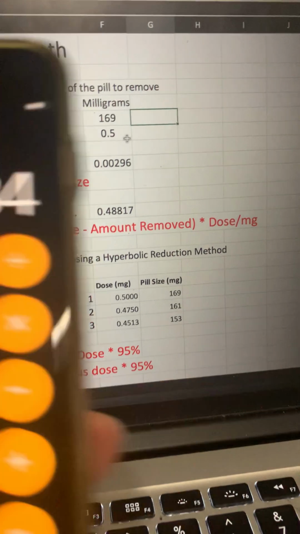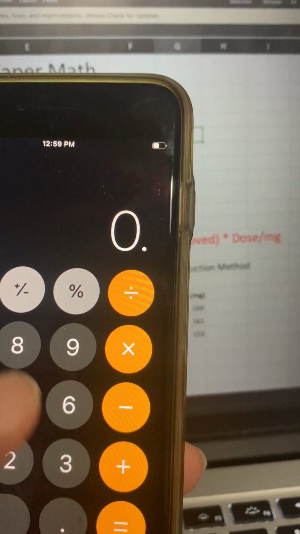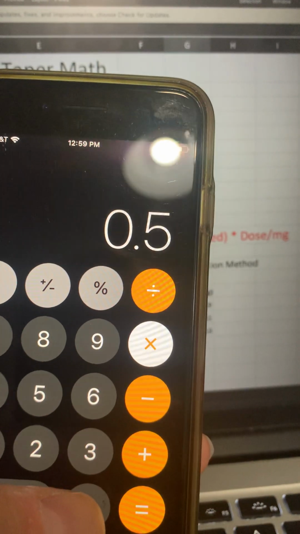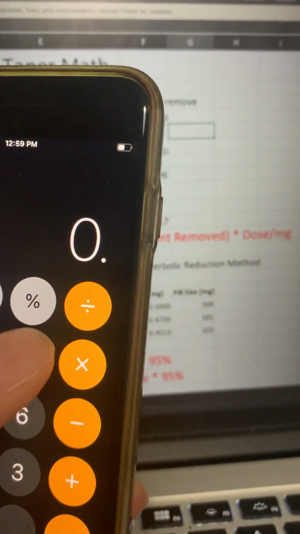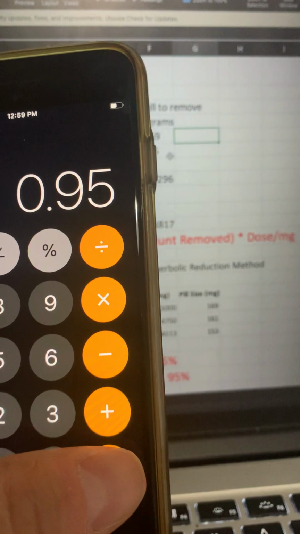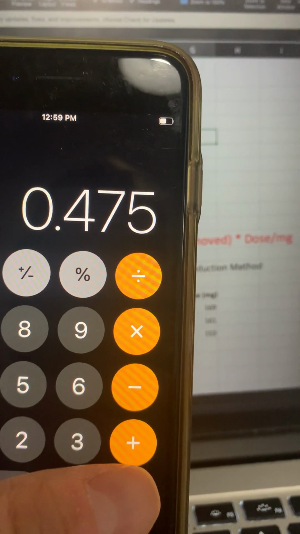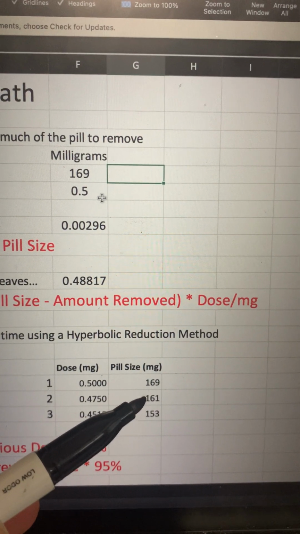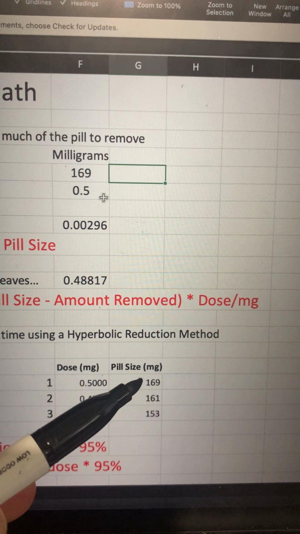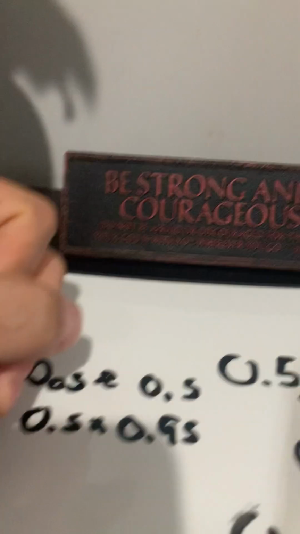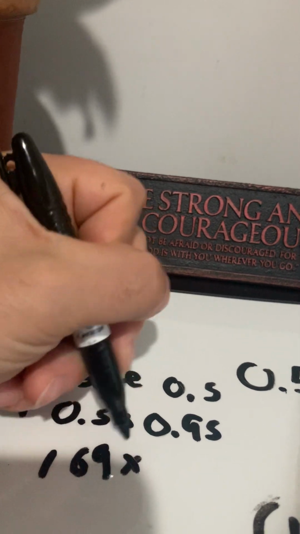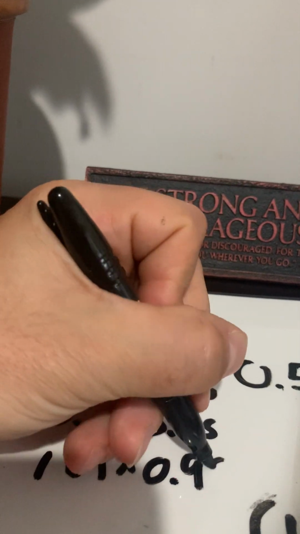So let's try. 0.5 times 0.95 equals 0.475. See that? You're going to use the same math on the actual pill size. So you see here, we're going to be doing 95% of this. 169 times 0.95.